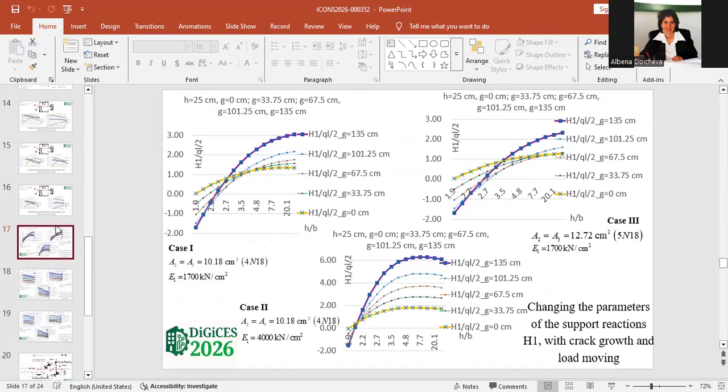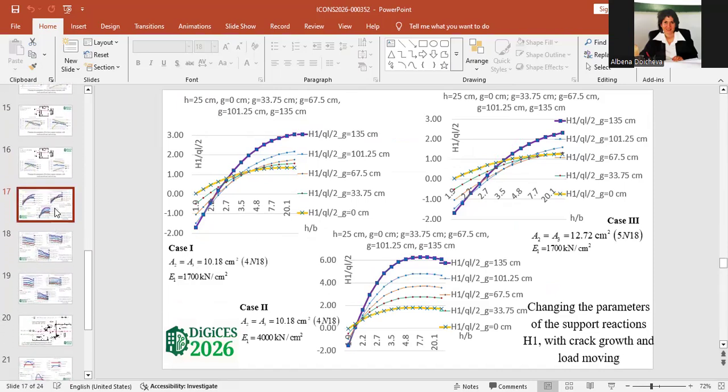How these three support reactions and their parameters change when the load moves on the top edge of the beam can be seen on the other three graphs.